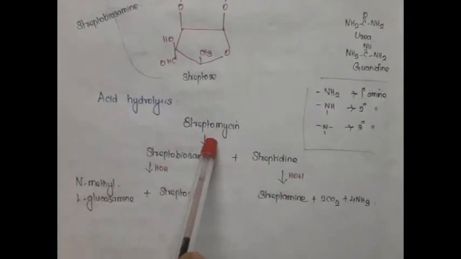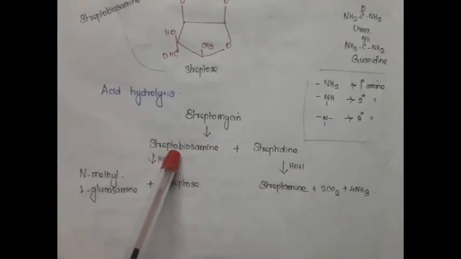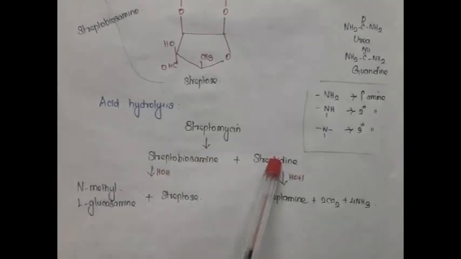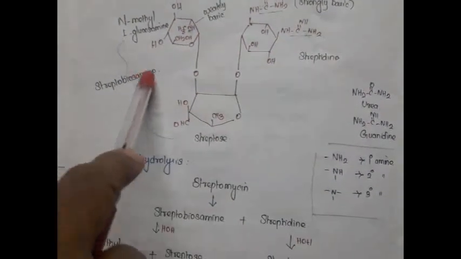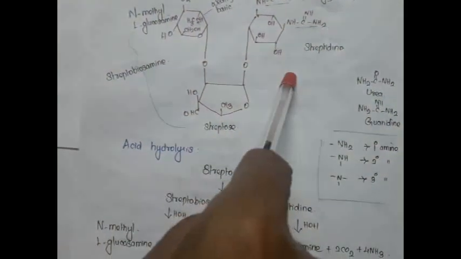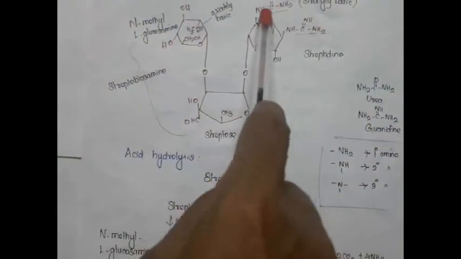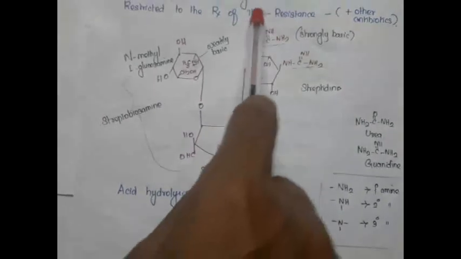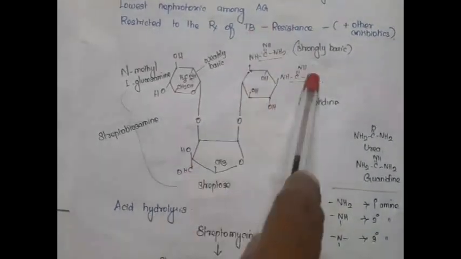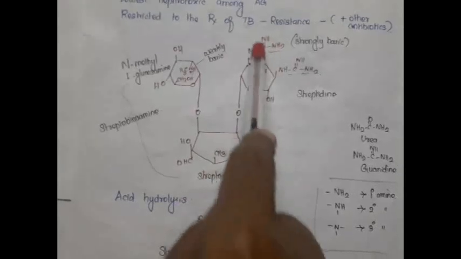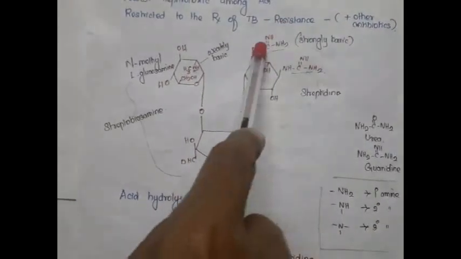Streptomycin, on hydrolysis, what do you get? First streptobiosamine plus streptidine. Then this streptobiosamine, on hydrolysis, gives two products: N-methyl L-glucosamine plus streptose. And this streptidine, on hydrolysis, gives streptamine. The two guanidine groups are hydrolyzed, and here we have only NH2.